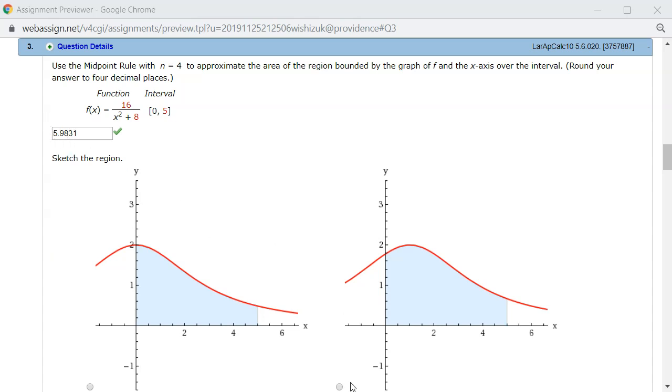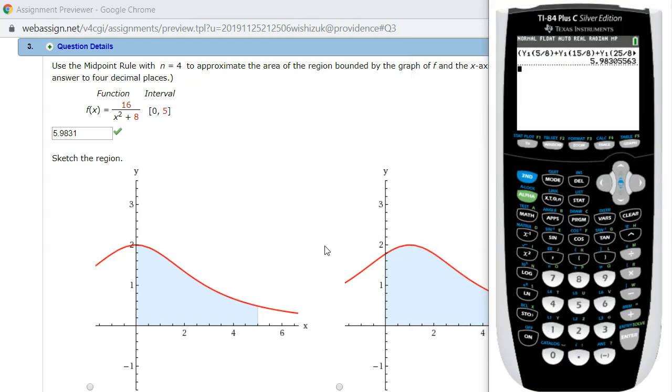For the region, we can still use the graphing calculator. All we have to do is probably just go to graph and see what happens. Better yet, I'm going to do this so that we can actually see the region.